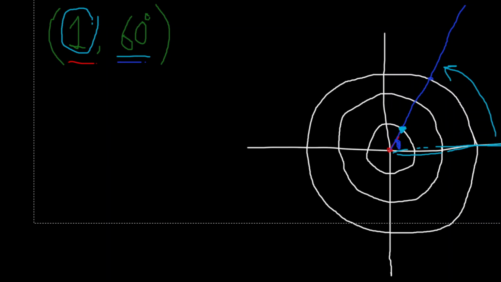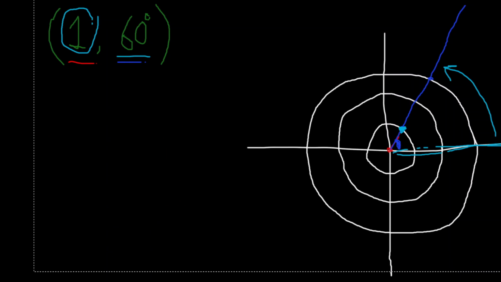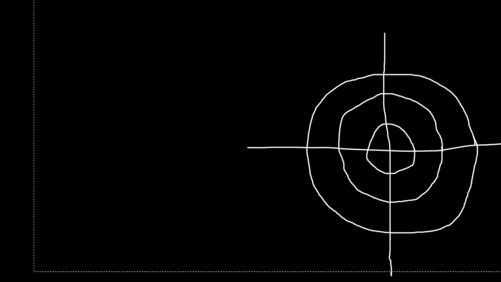Let's try another example. All right, so this time let's say it's 3, comma, negative 130.